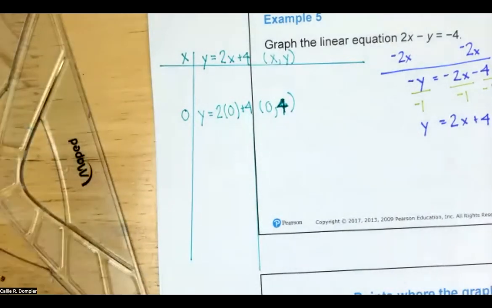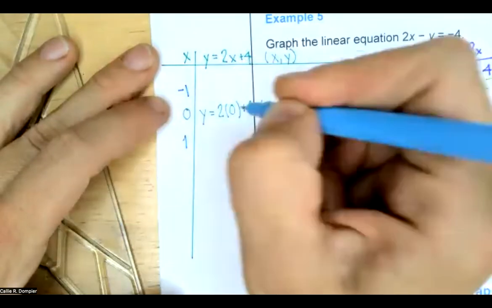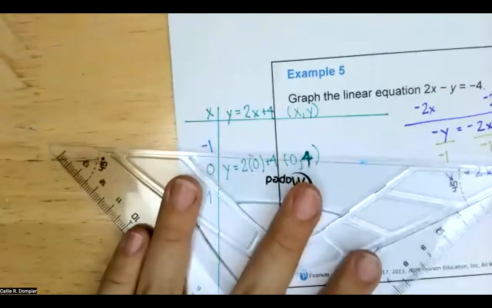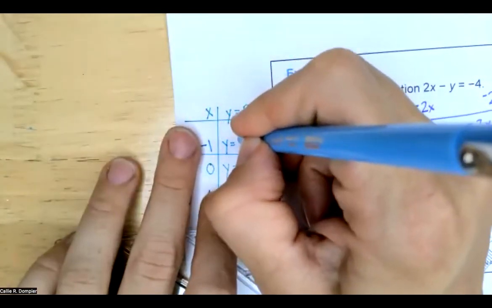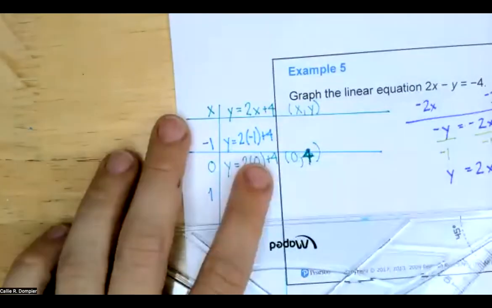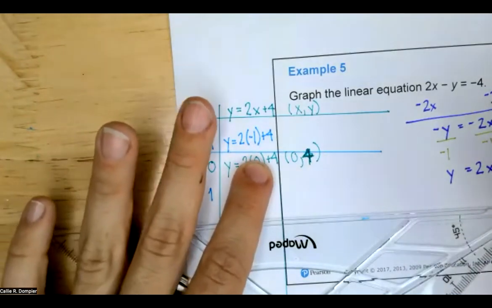All right, another good one to do if you don't have any fractions is just -1 and +1, because those are going to be easy numbers to put into that equation. So if I put -1 into that equation, I get y equals 2 times -1 plus 4. 2 times -1 is a -2. -2 plus 4 is just 2, right?